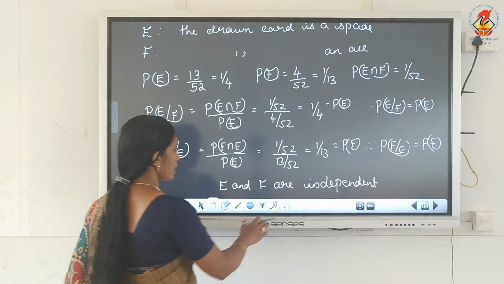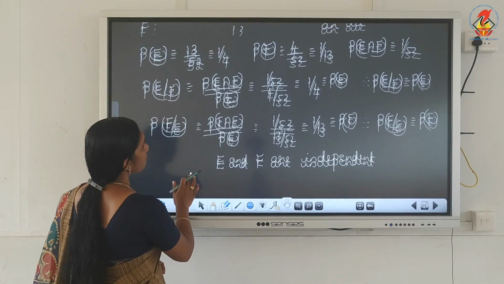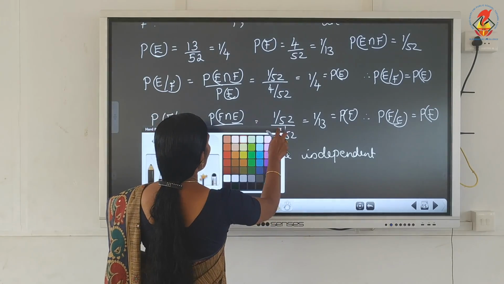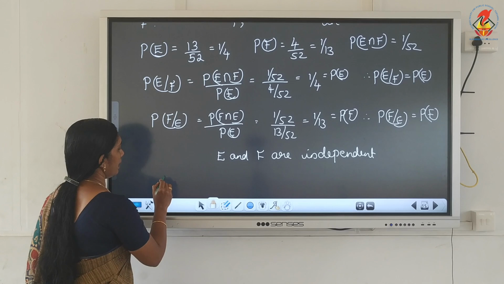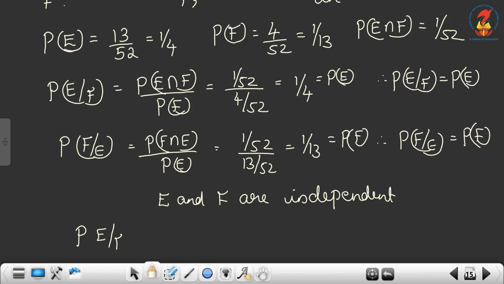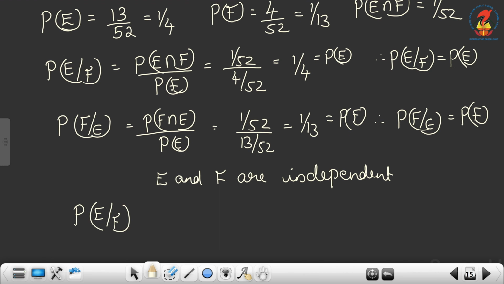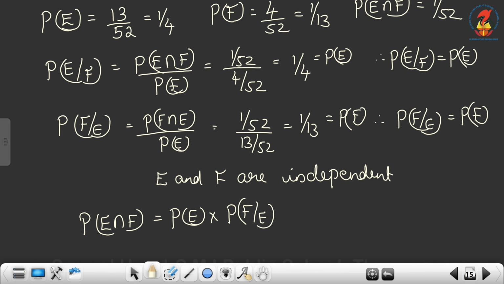So we have one result. If E and F are independent, by the multiplication principle, E intersection F we can write as P of E into P of F given E, isn't it?